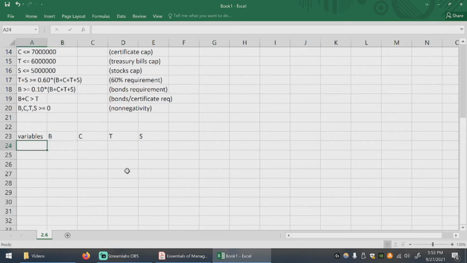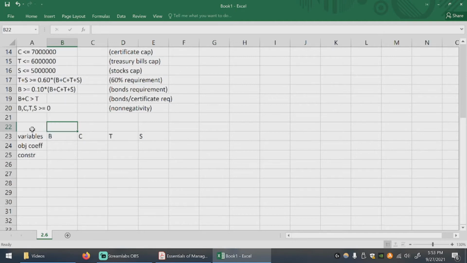Over here, I will do the objective function coefficients. And here I will do my constraints. I don't name them here. I should probably. I'm just lazy. If I know what I'm doing, it's not necessary for this size question.